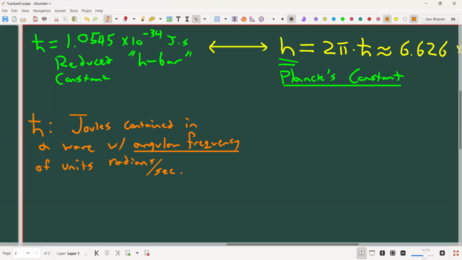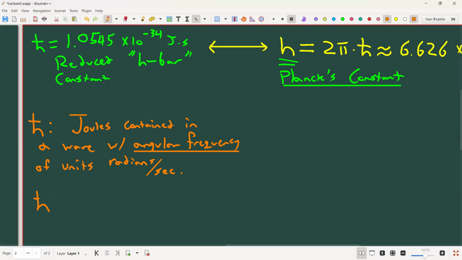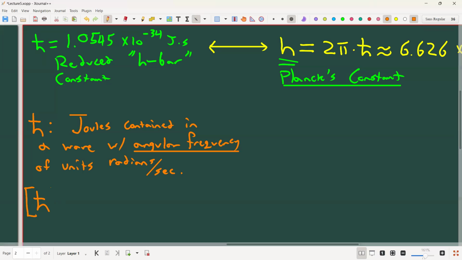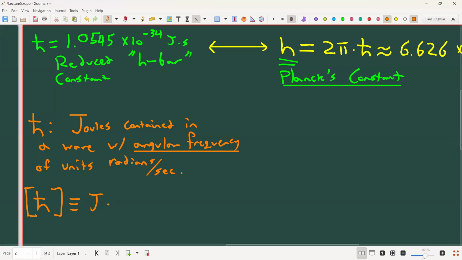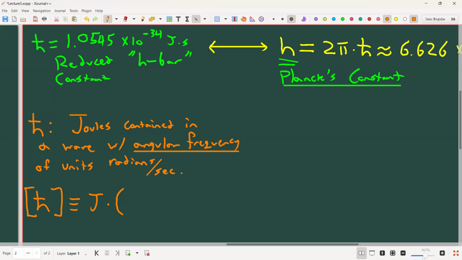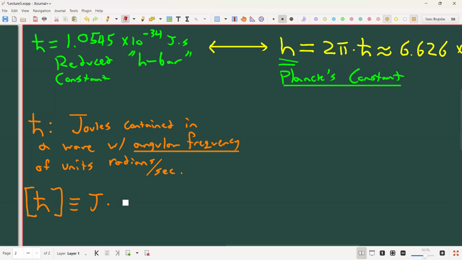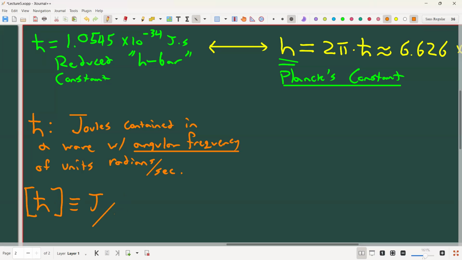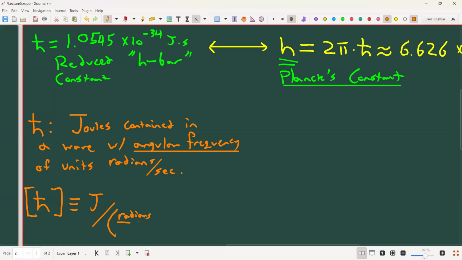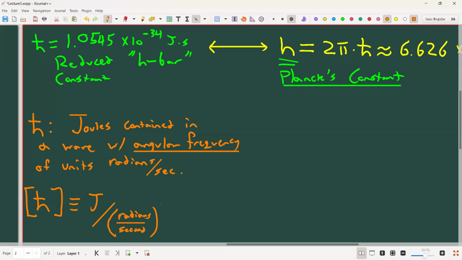So the brute force units of H bar are joules divided by radians per second. Right, and if we just ignore the radians, this is joules per second.